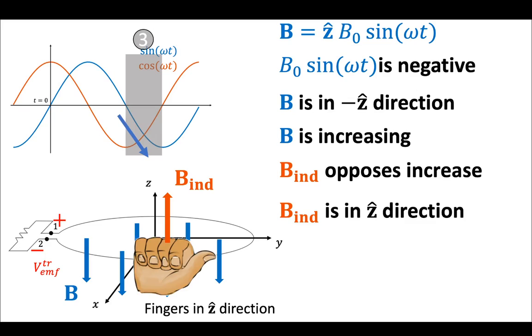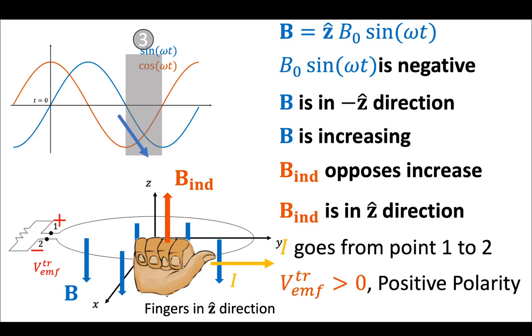Now, if we put our right hand there, our fingers pointed up in the z direction, our thumb is going to be pointed along the direction of the current, which goes from point 1 to point 2. So from positive to negative, meaning that our voltage polarity is going to be positive because the current is going from positive to negative.